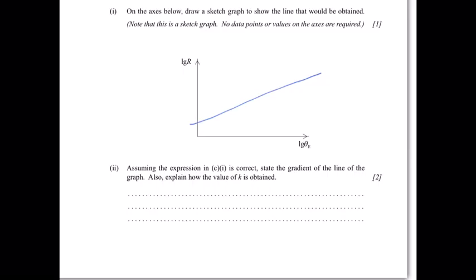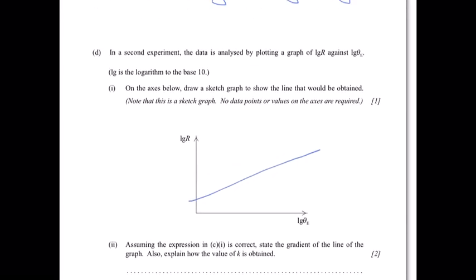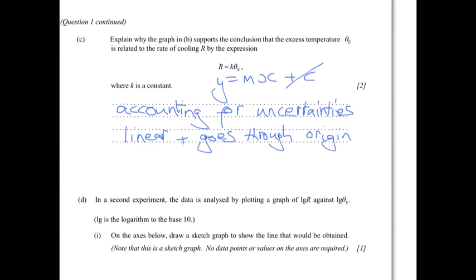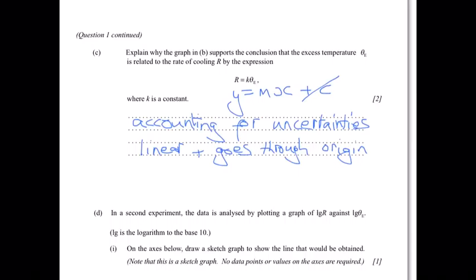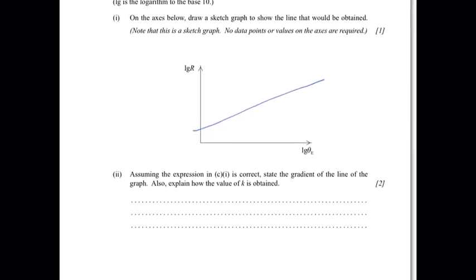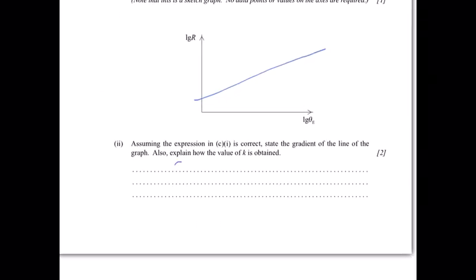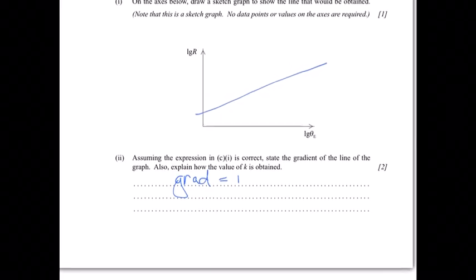Whenever we plot a log graph of two variables like this, the gradient should give us the expected power relationship. Here we can see that there is no power relationship between R and theta, so we'd expect the gradient to be equal to 1. In attempting to verify the relationship, we've just plotted a log-log graph of each side.